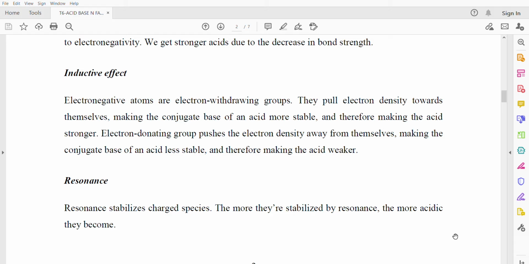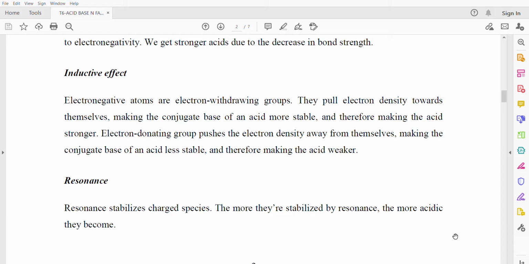Now what happens when electron donating groups are present? If anything is already negative, for example CH3O negative, which is methoxide from methanol, CH3 has an electron donating effect.